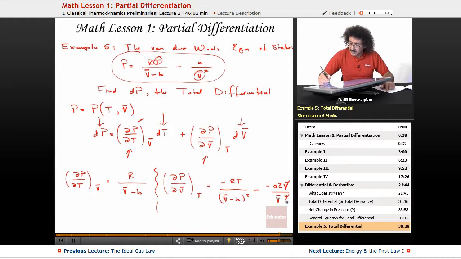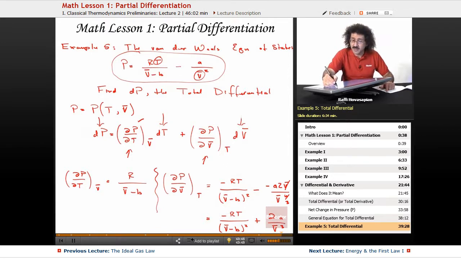And then when I cancel, I'm left with my final expression, which is minus RT over (V minus B) squared. The minus becomes a plus, and it becomes plus 2A over V cubed.